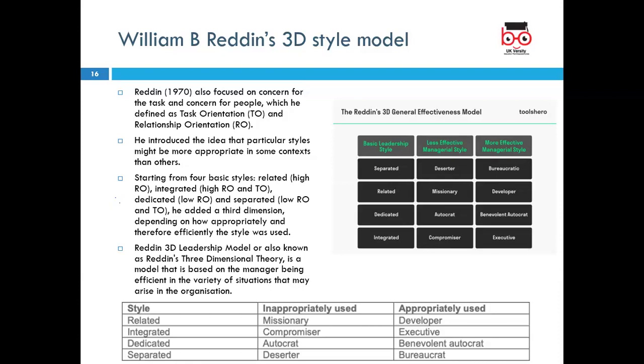So he introduced the idea, and he says that particular styles might be appropriate in some contexts, and some might not be appropriate in those contexts. So this starts from the four basic styles. If you see the bar at the end of this slide, the first one is related.